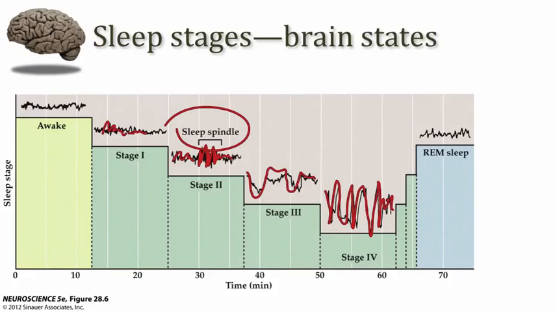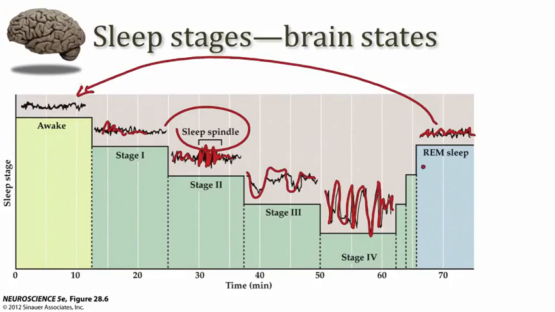Now, once we cycle down to stage 4 to deep sleep, after some period of time, maybe an hour and a half or so, something fairly dramatic happens. We begin to step out of that deep, slow wave sleep, and we enter a stage of sleep where the electroencephalogram reverts to a low amplitude, high frequency pattern, something that resembles actually what the electroencephalogram looks like in the awake state.